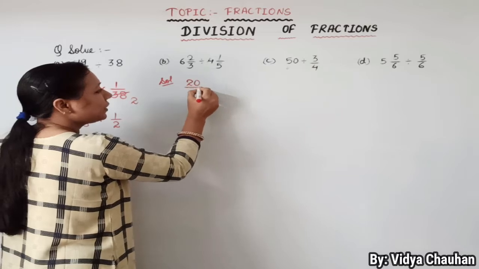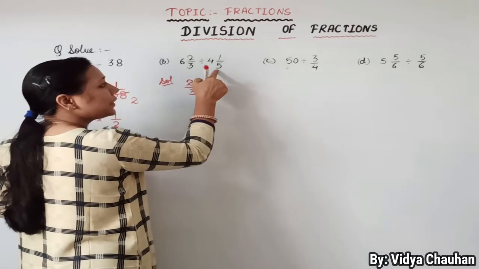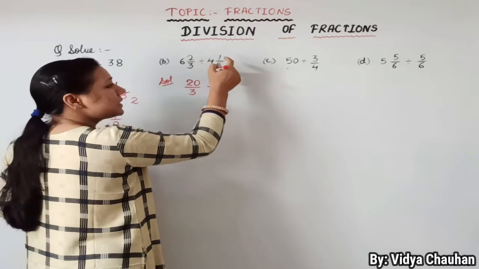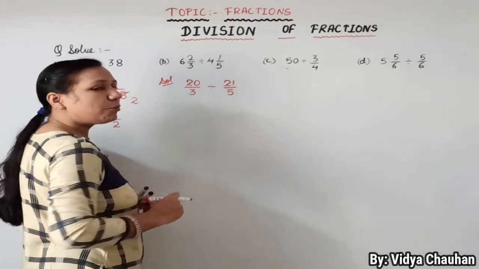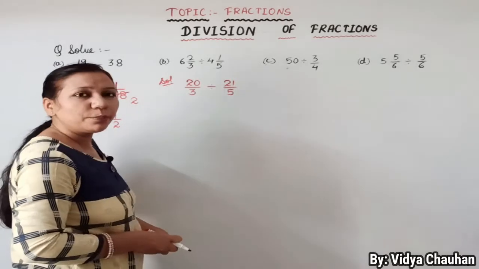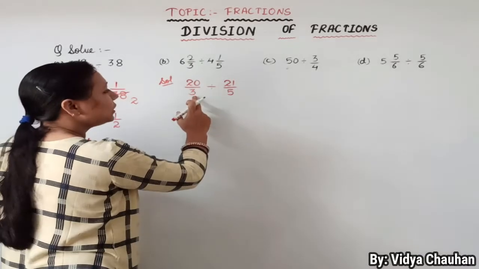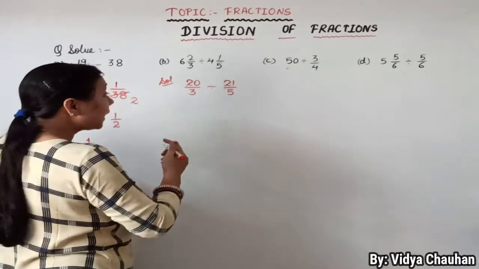So the fraction becomes 20 upon 3, divided by 5 4s are 20 plus 1 is 21. So the fraction becomes 21 upon 5. So now we changed the mixed fractions into improper fractions, which is 20 upon 3 divided by 21 upon 5.